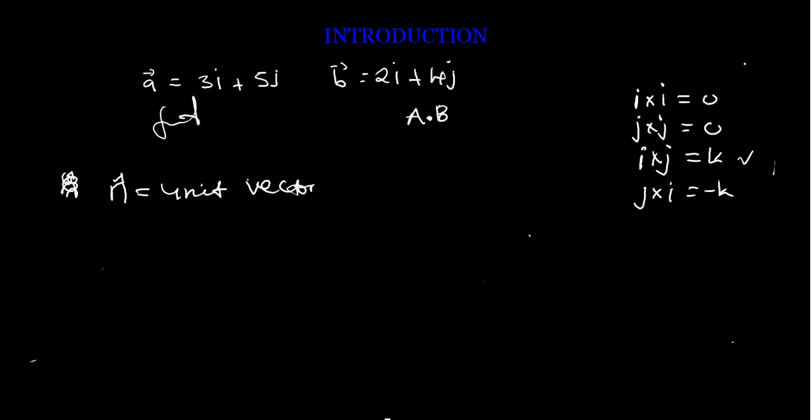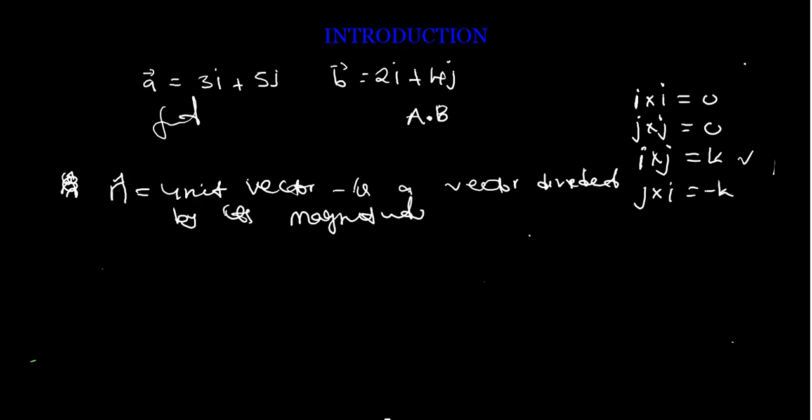So a unit vector is a vector divided by its magnitude. Alright, so that's a unit vector.